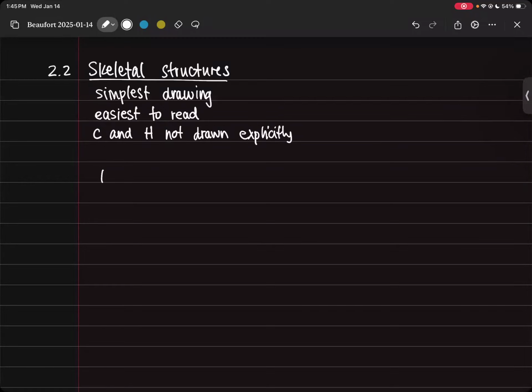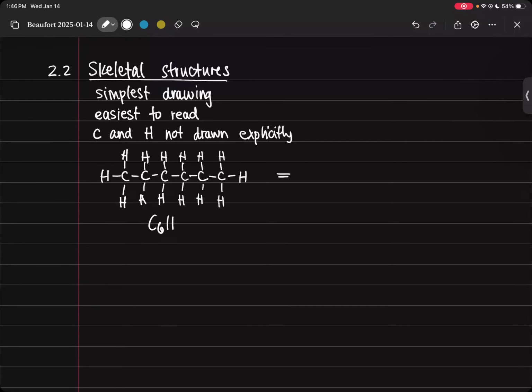So for our hexane, 1, 2, 3, 4, 5, 6 carbons. Promise this is the last time, other than homework, I have to draw this out. I got 6? Yes, I did. Okay, cool. C6H14.